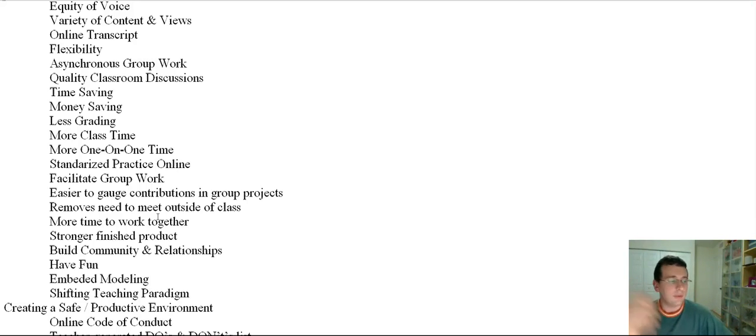And finally, the best thing about this is that you build a community where the kids talk to each other and get to know each other, and when you come to class, it translates into class, and you can see that starting to happen in class as well.